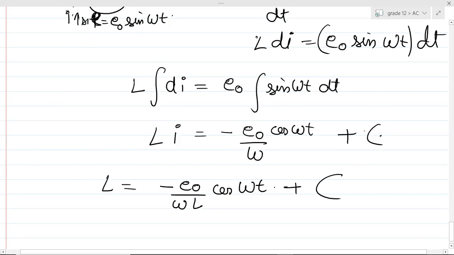When you divide by L again, you are making a new constant only, right? A constant divided by a constant will be another constant. Since this constant is arbitrary, this will be the value of the current: I is equal to minus of E naught by omega L cos omega t plus C.